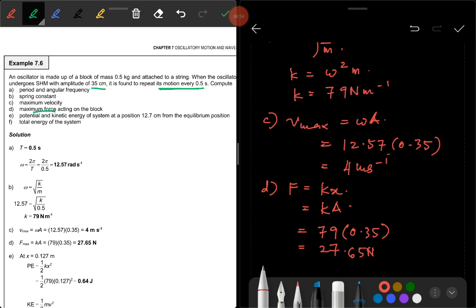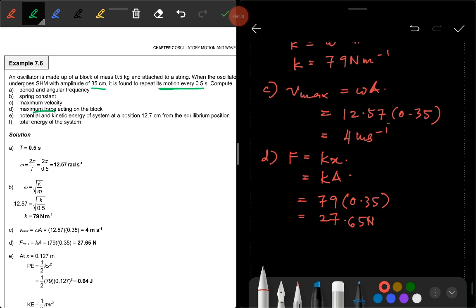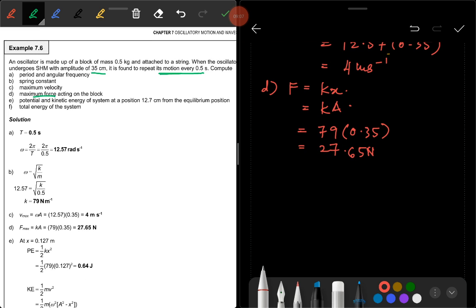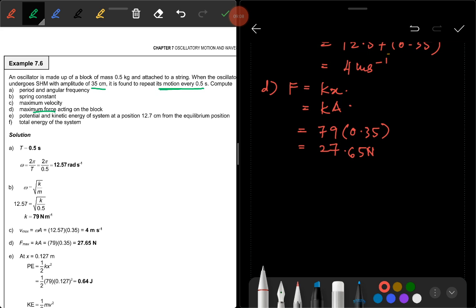And then the potential and kinetic energy at a position of 12.7 cm from the equilibrium position. The potential energy PE is equal to half kx squared.